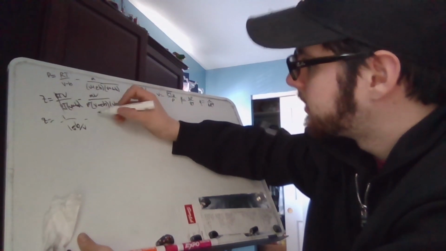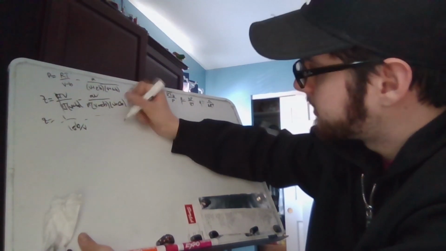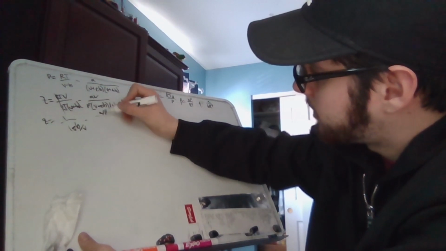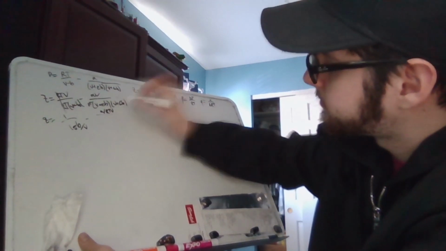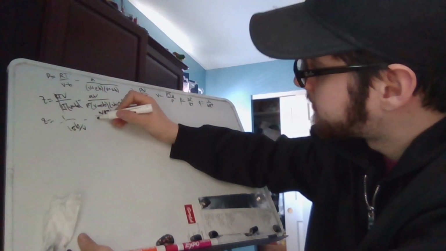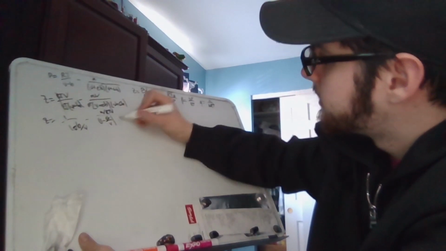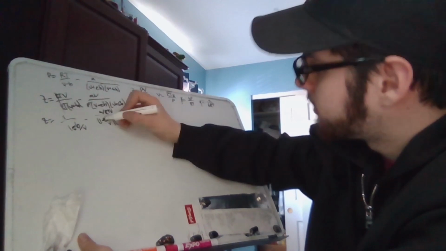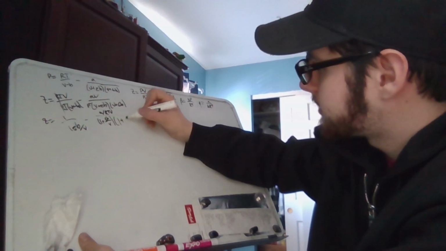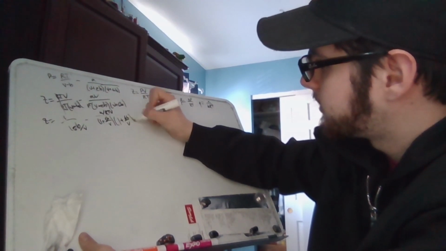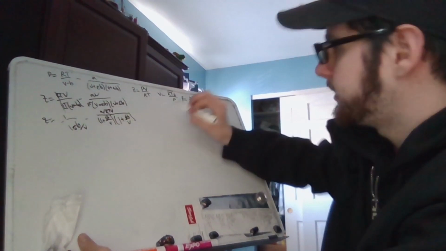So that'll be 1 minus, and we're just going to put it all up here, a over RTV, times 1 plus epsilon b over V, times 1 plus sigma b over V.